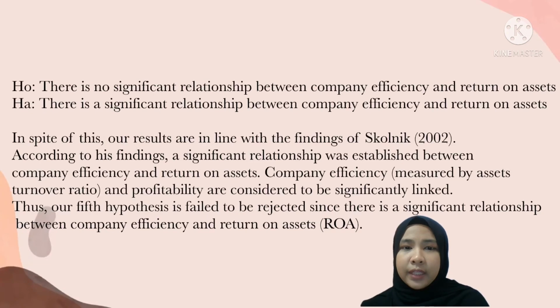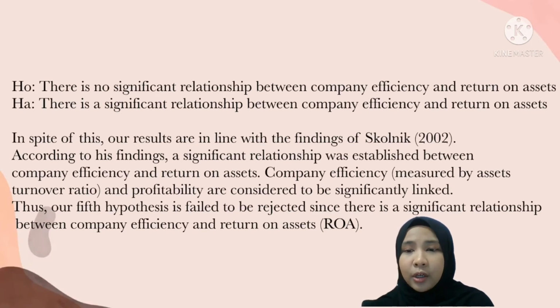The next analysis is on company efficiency. Our results are in line with the findings of some scholars. According to the finding, a significant relationship was established between company efficiency and return on asset. So our fifth hypothesis fails to be rejected since there is a significant relationship between company efficiency and return on assets.